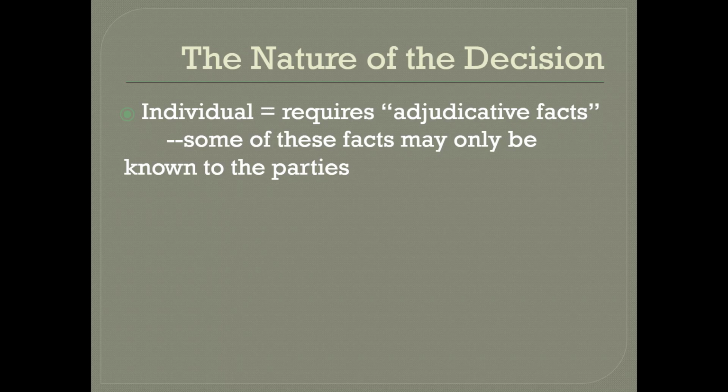Adjudicative facts are facts that may be only known to the parties themselves. So let's say that somebody has been assessed a property tax increase, but their house has burned down, and the government doesn't know this.